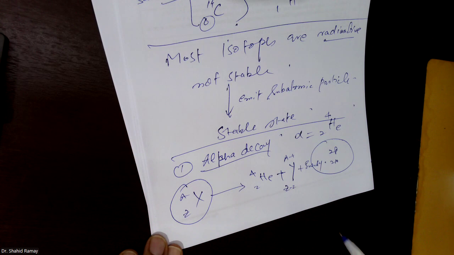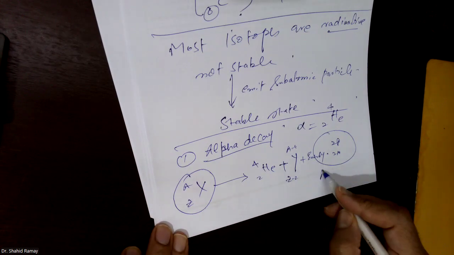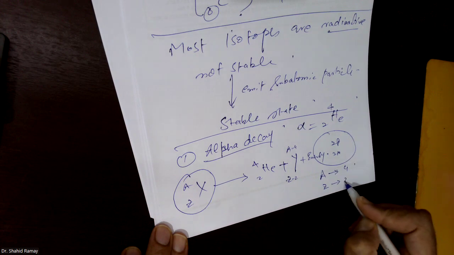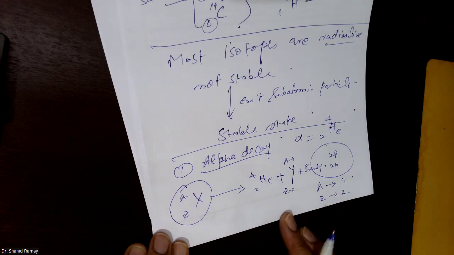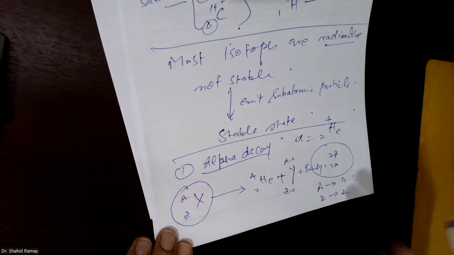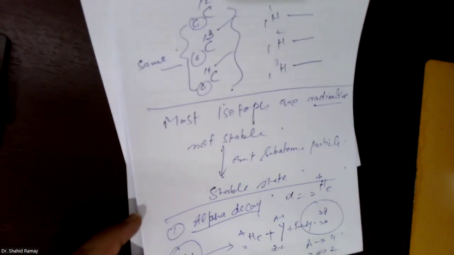So it means in case of alpha decay, you should remember that A is decreased by 4 and Z is decreased by 2. Just remember this one because in the exam they will give you this relation and they will ask anything. And you should know what is happening in alpha decay. This is important.